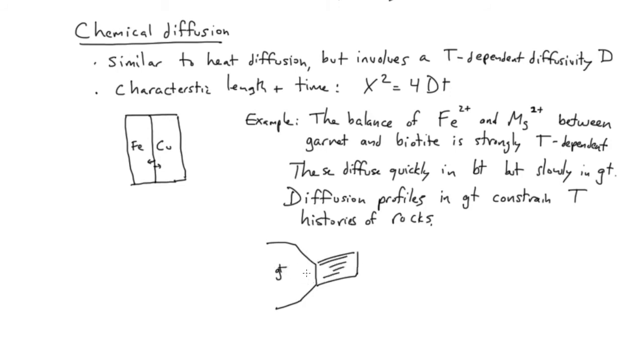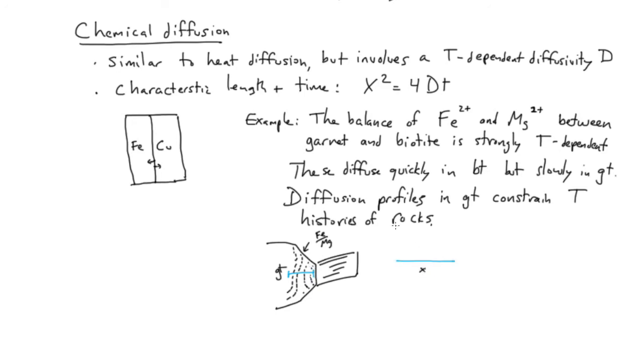What will happen is we can analyze, and we'll see contours of iron magnesium ratios in the garnet, and so we can make a profile. Let's do another one here.